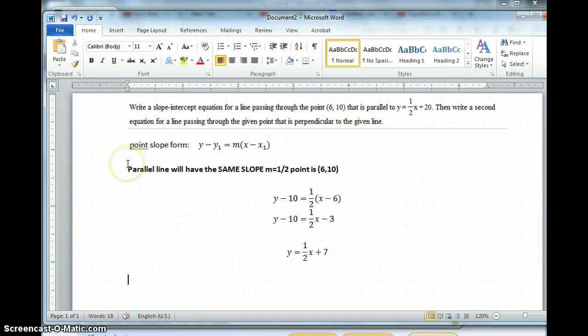Now let's do the perpendicular line. It will have an opposite reciprocal slope. I spell that wrong all the time.